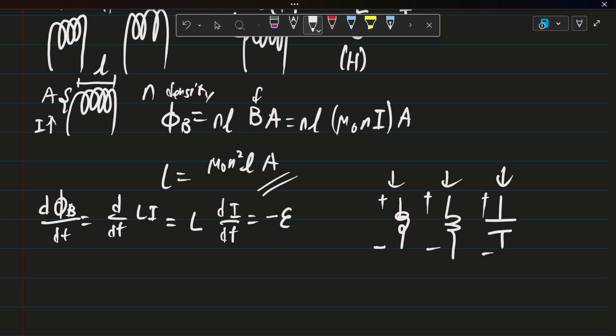This is how I define things. And you could determine the voltage difference here to be L dI over dt. For resistors, it's straight away IR. And for capacitors, the current is C dV over dt. So from my definition, everything is positive as long as you put everything in the right order.